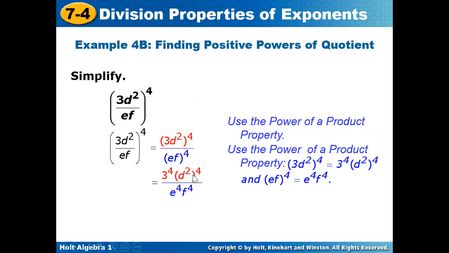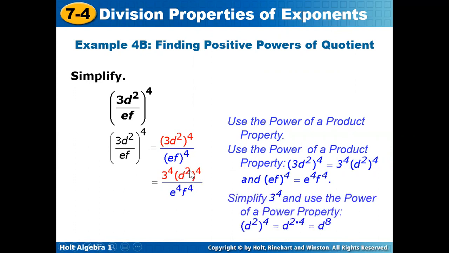And then we also have to continue the power of a power property. So this whole term, d squared to the 4th power, is d to the 2 times 4, which equals d to the 8th. Simplify. 3 to the 4th is 81, d to the 8th, e to the 4th, f to the 4th.